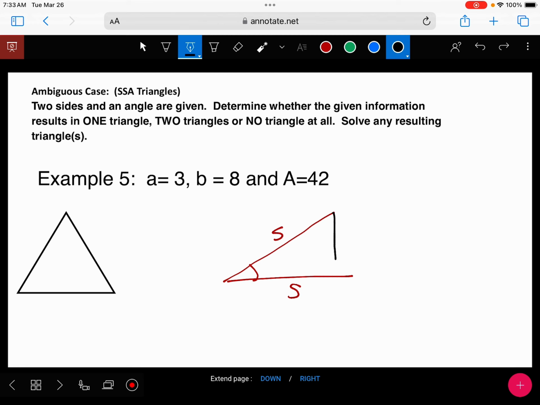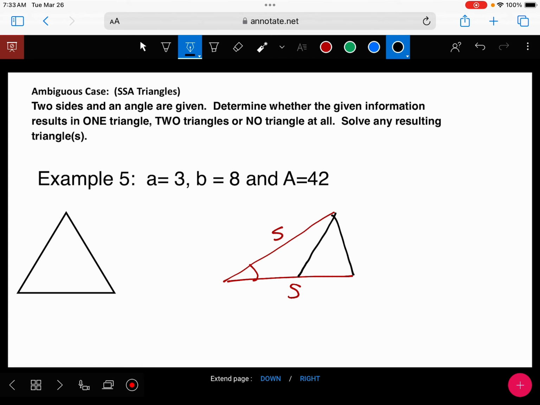We also don't know if it's going to be just long enough to connect to create one triangle, or it could be long and create two triangles, so it could swing two different ways. Again, it's hard for me to draw the representation, and that's why I'm going to send out a video today on Canvas for you to watch. It's just an animation that makes it a little bit easier to understand how you can have more than one triangle, okay?